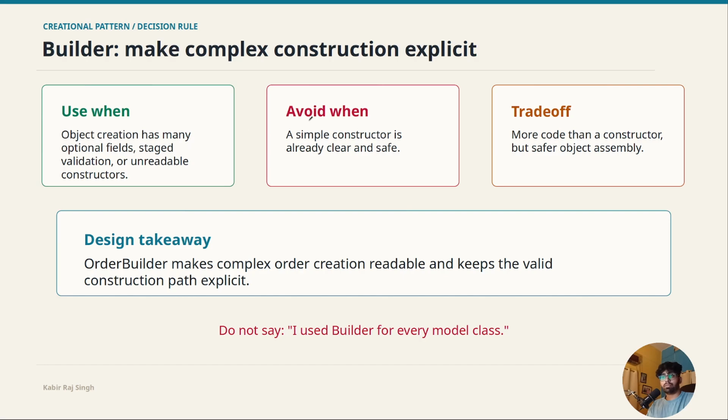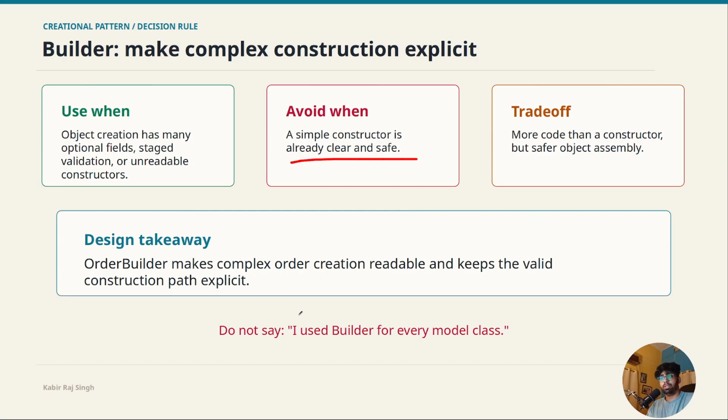So use it when the object creation is complex enough that the call site no longer explains what is being created. Avoid it when it has a simple shape, and you're adding a builder for every design choice. It's a very common over-engineering problem. The pattern should give you safety and readability and not just become a fluent API that you use everywhere.